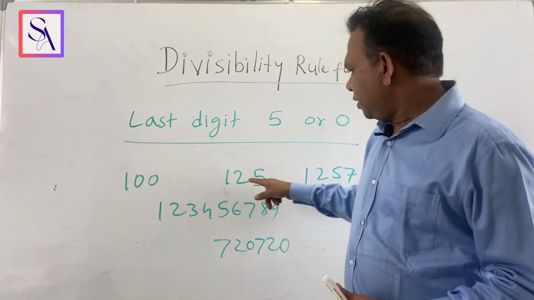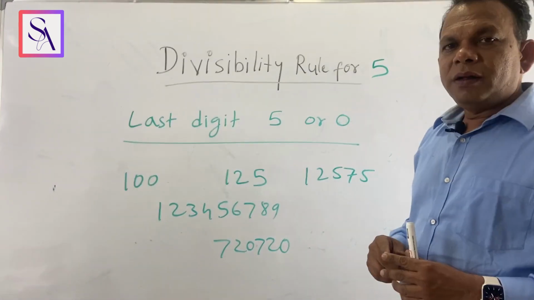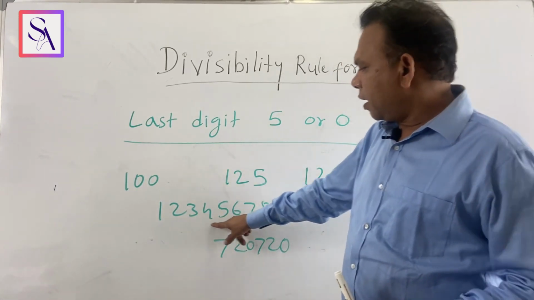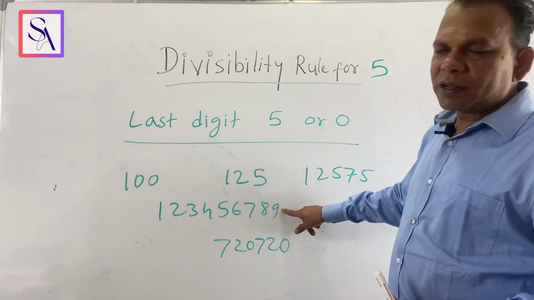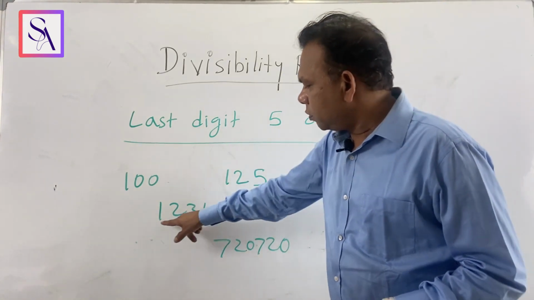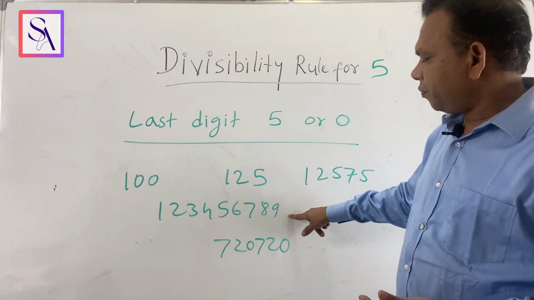So all three numbers are divisible by 5. Now our number 1, 2, 3, 4, 5, 6, 7, 8, 9, this bigger number, last digit is 9. So it is not 0, it is not 5. So this number is not divisible by 5.